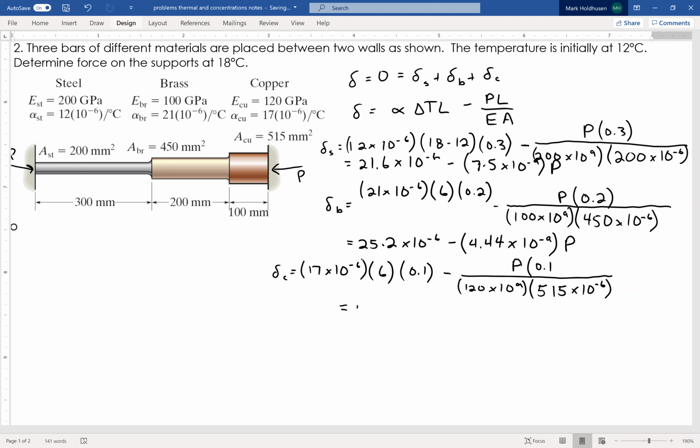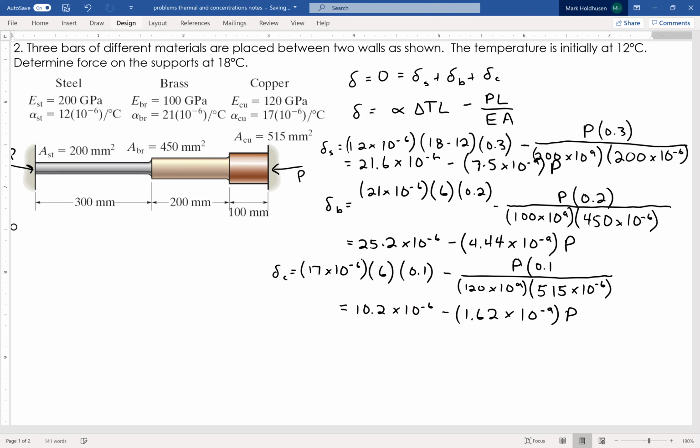Excuse me, this one actually equals 10.2 times 10 to the minus 6 minus 1.62 times 10 to the negative 9th times P.